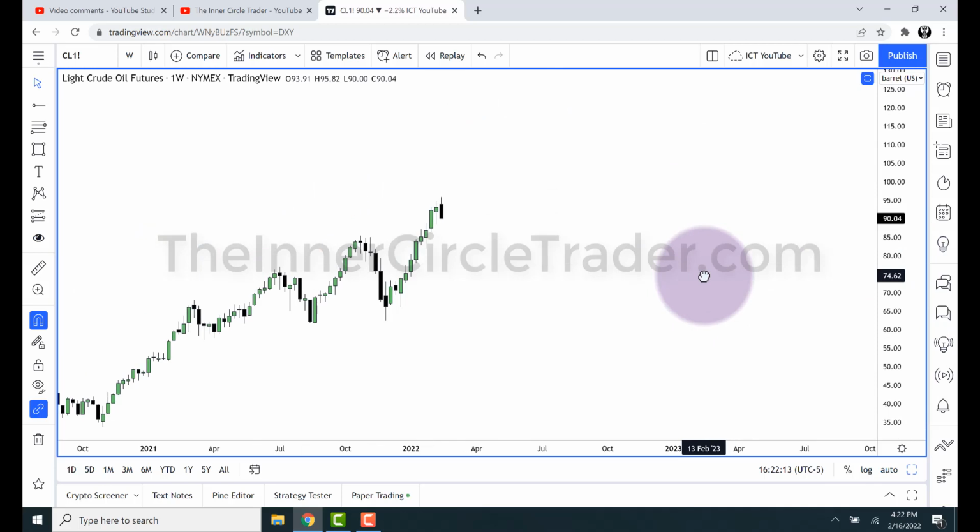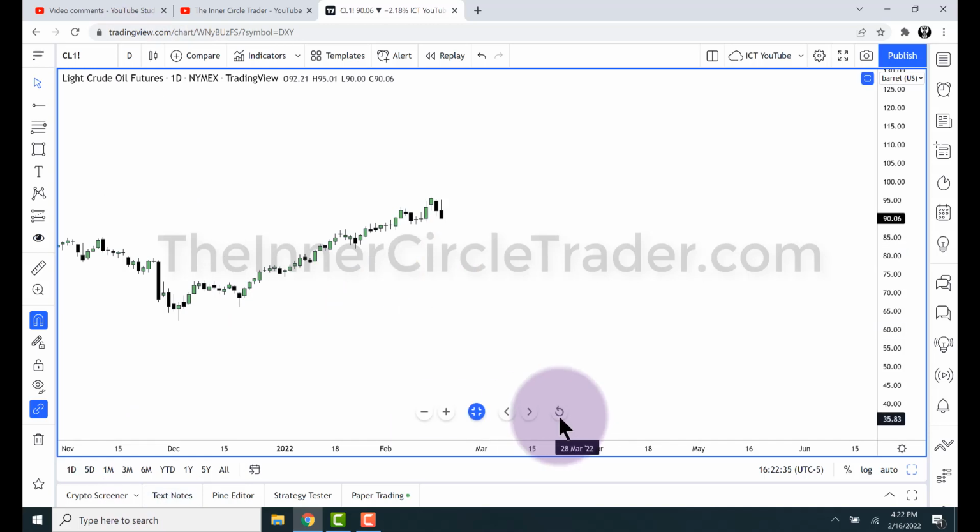All right, so I don't really see anything here. Not useful. A little bit of separation in there. Yeah, I don't see anything on here that's all that convincing on a weekly chart.